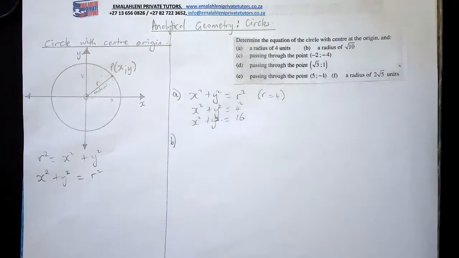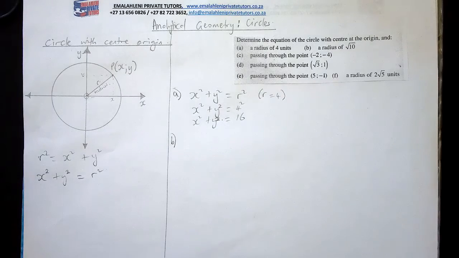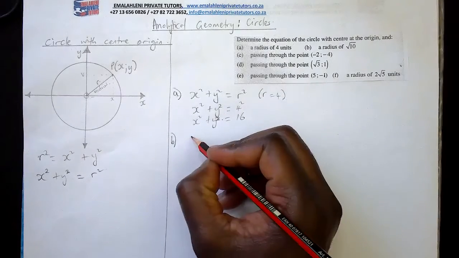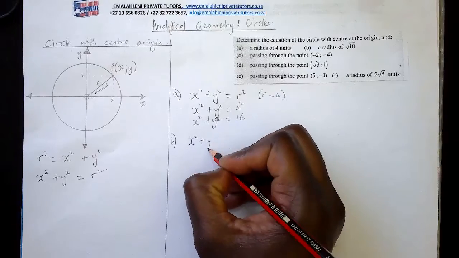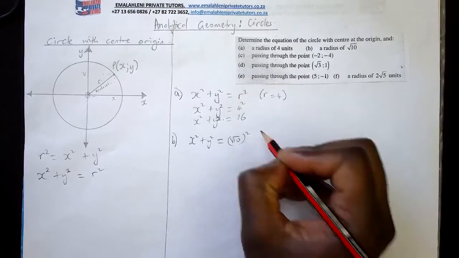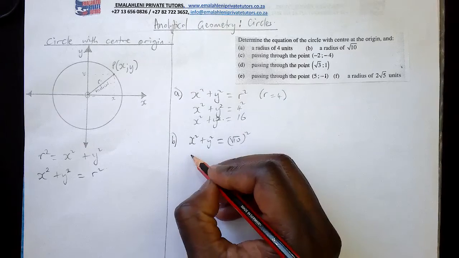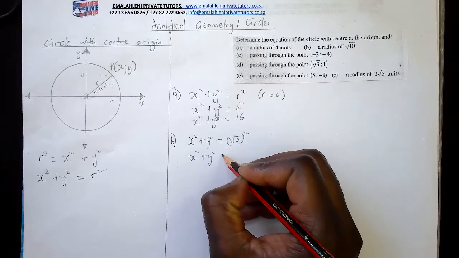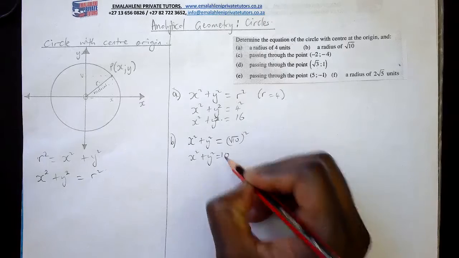Question B is saying a radius of root 10. Now, again, here we have the radius of root 10. We have our circle X squared plus Y squared is equal to root 10 squared. Now, when we square the root, what happens there? You get X squared plus Y squared is equal to 10. That's what it means, okay?